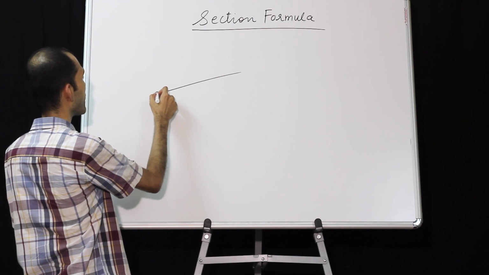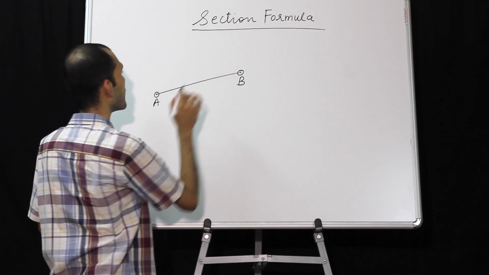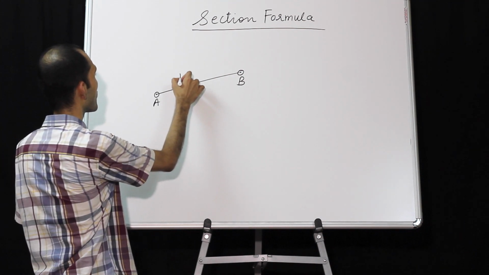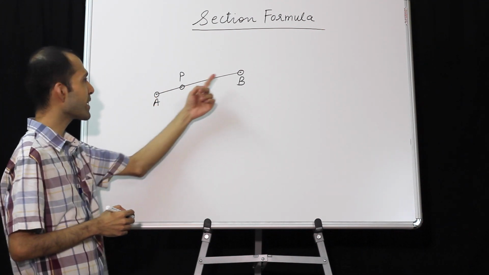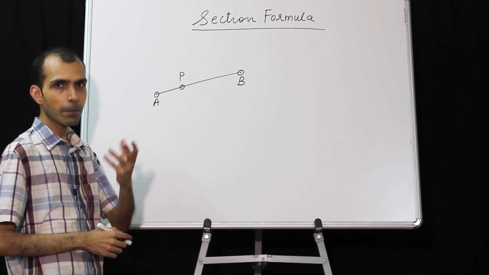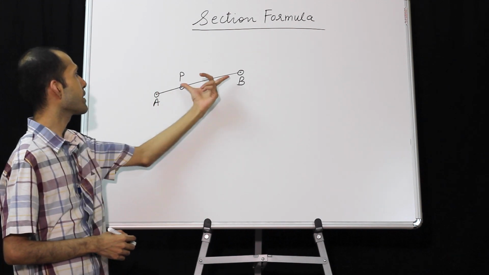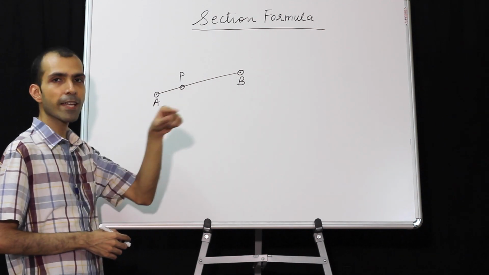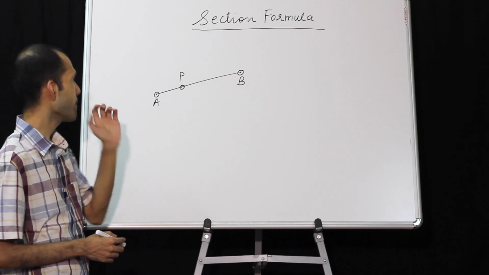Consider segment AB. P is a random point on AB. Now naturally, P divides segment AB in some ratio. Like say if this is 5 centimeters and this is say 10 centimeters, so ratio would be 5:10, that is 1:2.